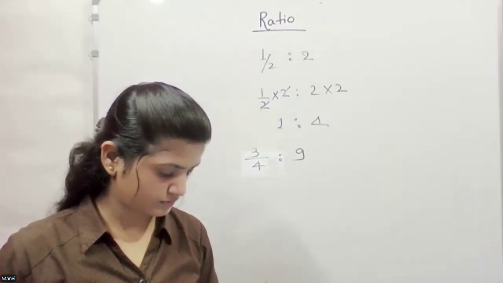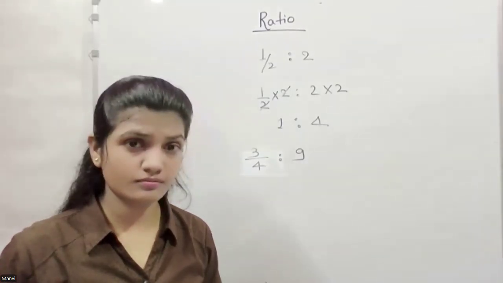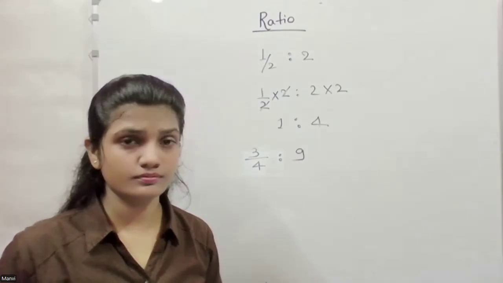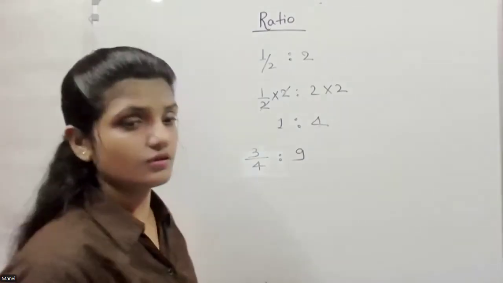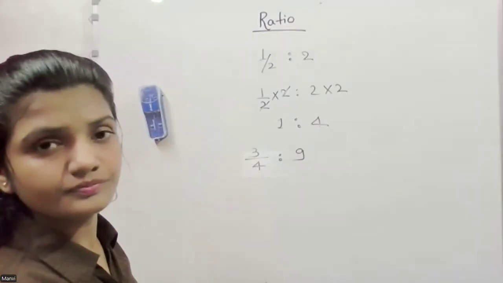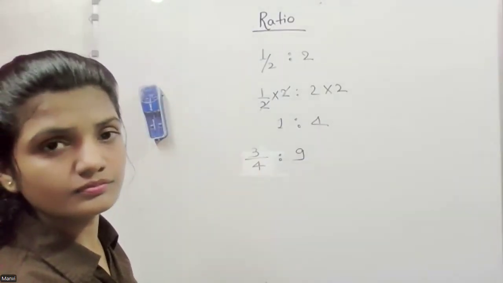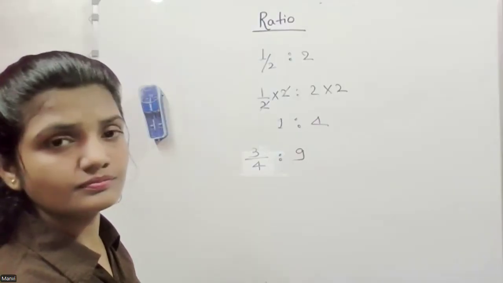Would the answer be 1:9? No. I decreased it. So first, how did you approach this question? I did 3/4 times 4, which gave me 3.